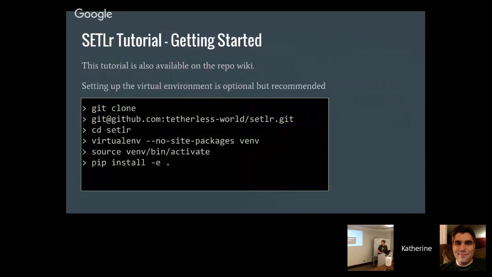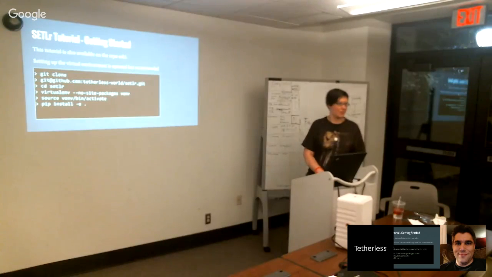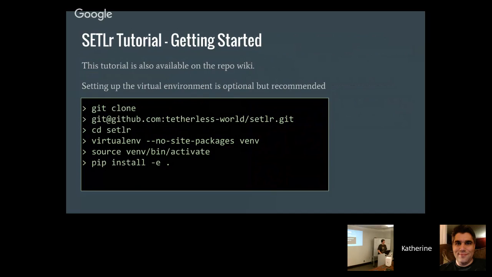What an exciting tutorial time. Okay. So if you want to follow along, this is the tutorial given on the wiki page for SETLr. Basically, step one is clone the repository. It's the tiddlerworld/SETLr, so it's an extra short URL, fortunately.